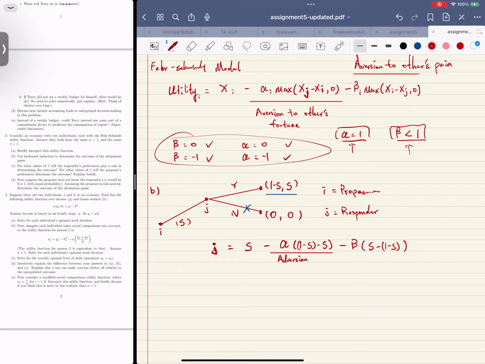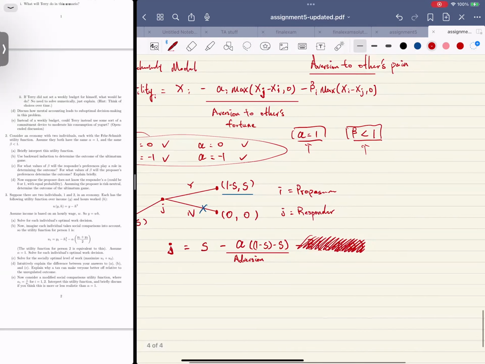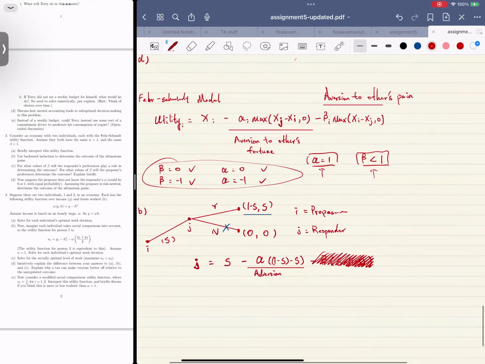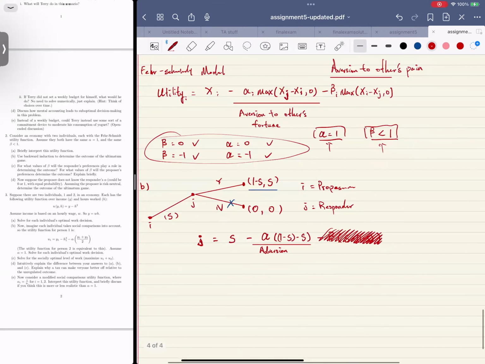I'm jealous. Okay, so then we don't have anything for B, right? Because we know for sure that the proposer is never going to give more than 1/2.